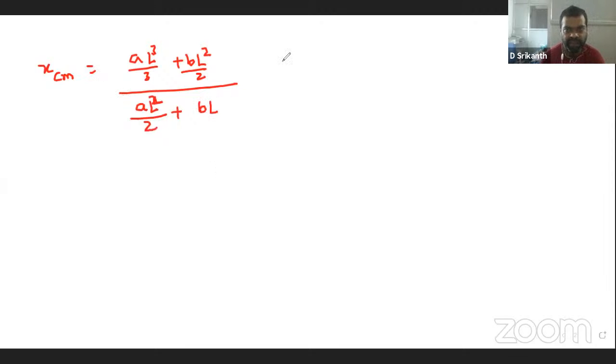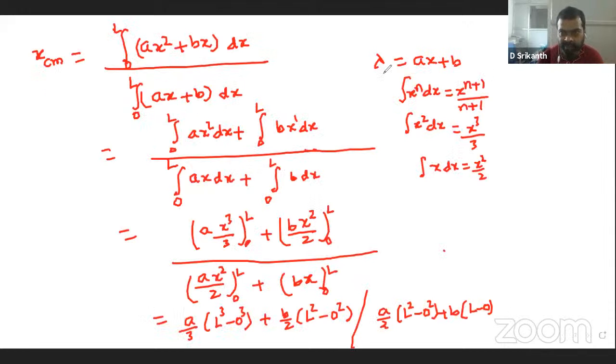Okay, that is my position of center of mass along x-axis. This is the xcm. Since the linear density they gave is along x-axis, along y-axis there is no mass distribution. So ycm will be equal to 0.